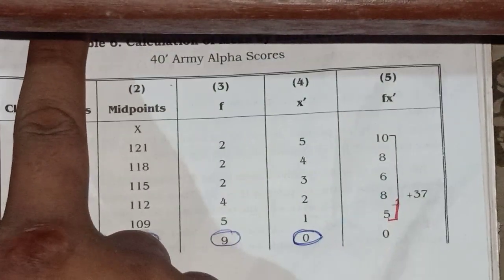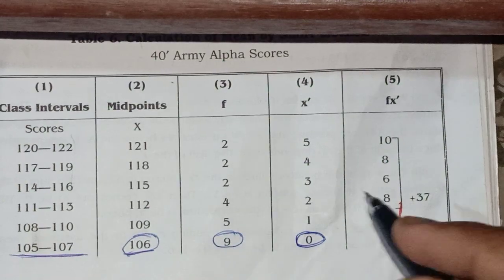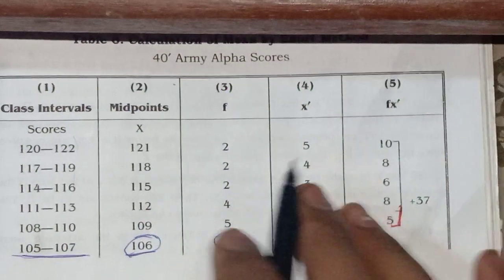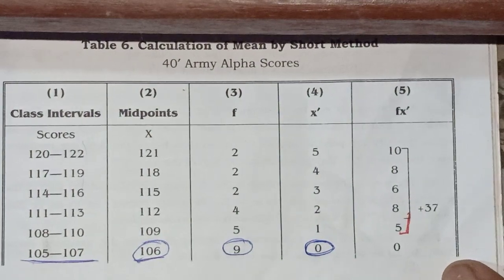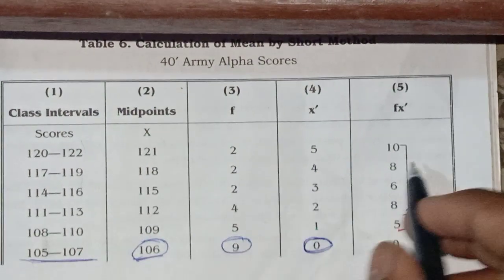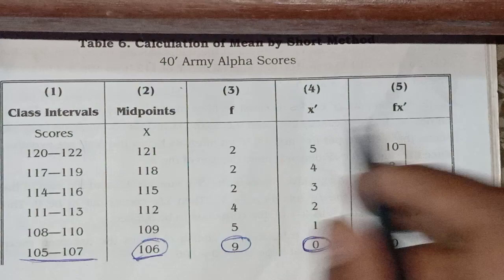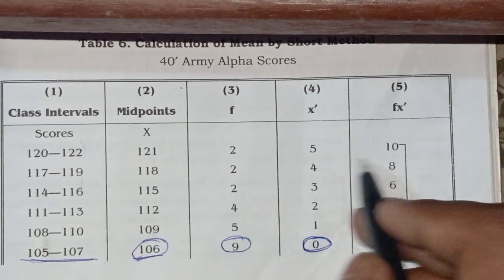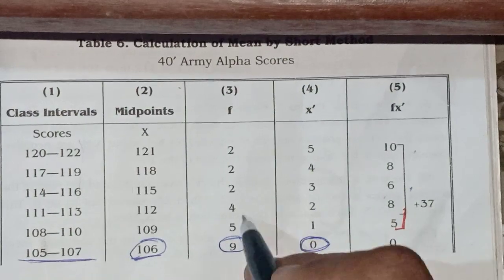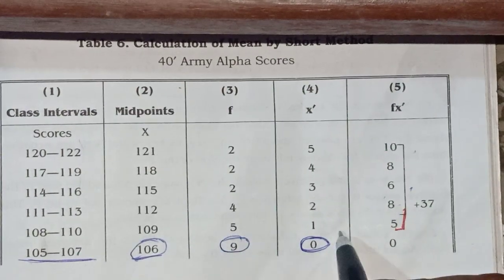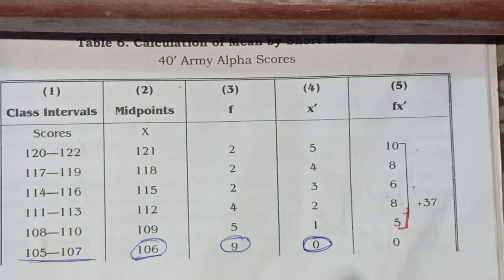Then you have to determine fx dash. Fx dash means 2 into 5 is 10, 2 into 4 is 8, 2 into 3 is 6, 4 into 2 is 8, 5 into 1 is 5, 9 into 0 is 0.